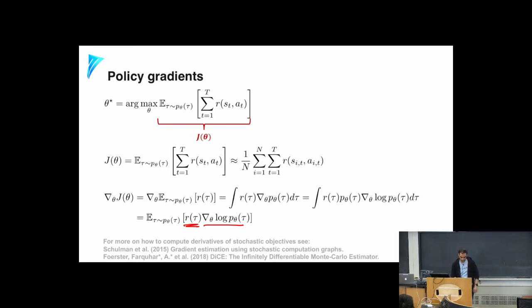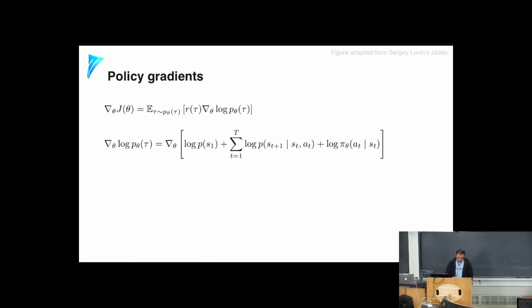Okay, so if you're interested in that, you can take a look at John Schulman's paper on gradient estimation using stochastic computation graphs. And recently, there was another paper that tries to provide an infinitely differentiable objective of this sort, where not only the first gradient would be unbiased, but a derivative of any order will be an unbiased estimator of the derivative of the original objective.